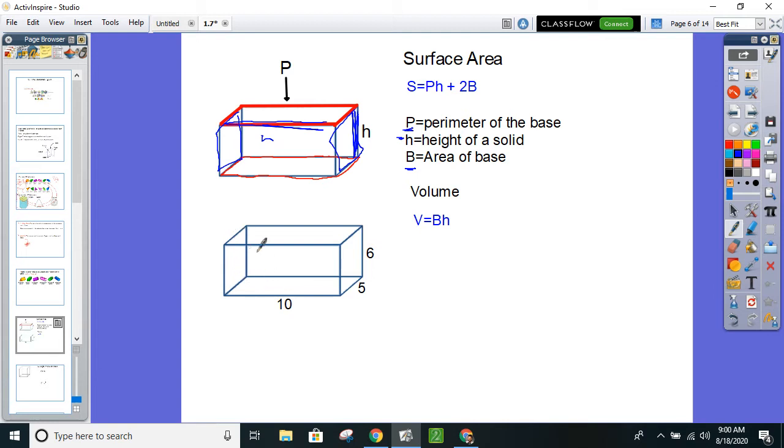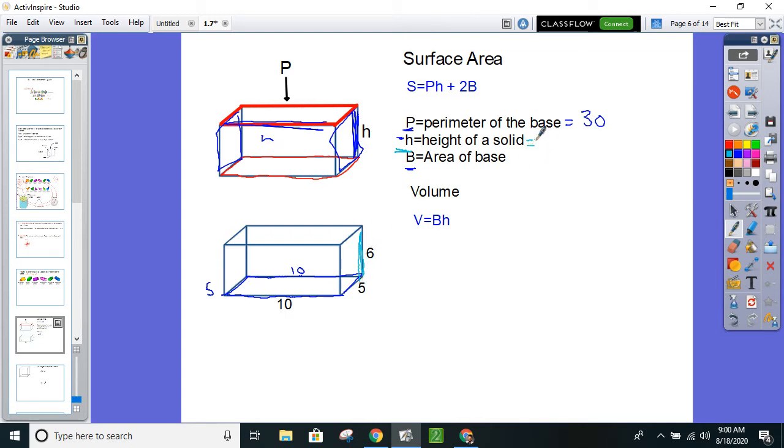So let's take this shape. If this is 10 right here, that means the side across from it is also 10. If this is 5, this is 5. So our perimeter for this shape is 10 plus 5 plus 10 plus 5: 10, 20, 30. Our height is denoted by the distance between the two bases, this right here.